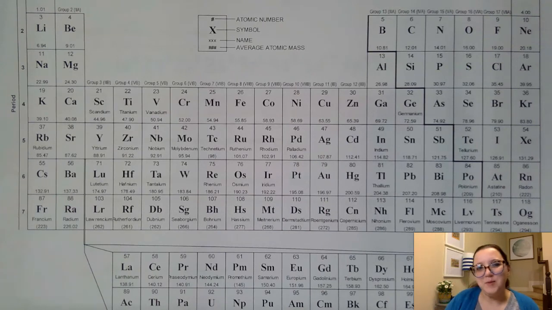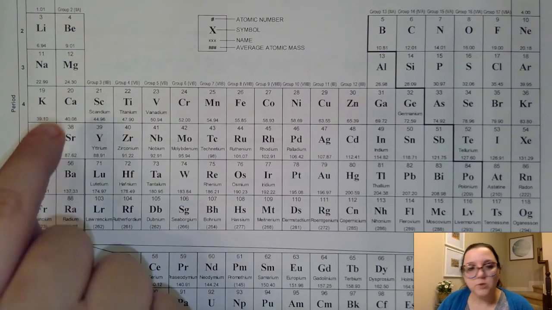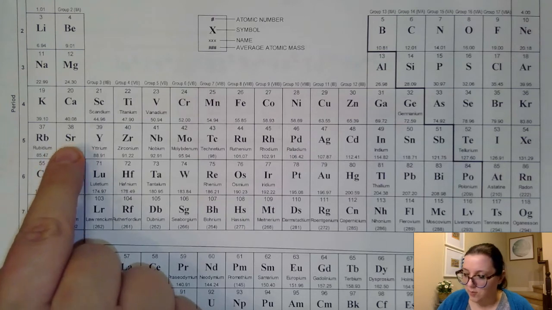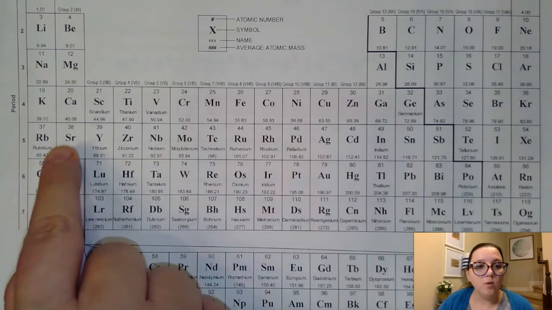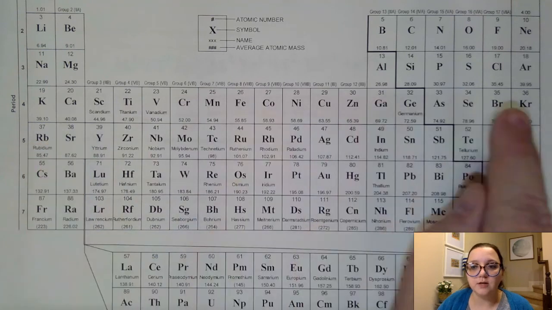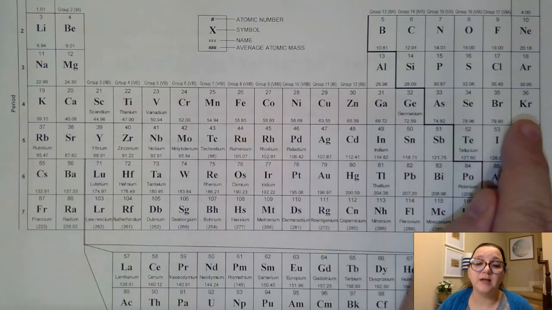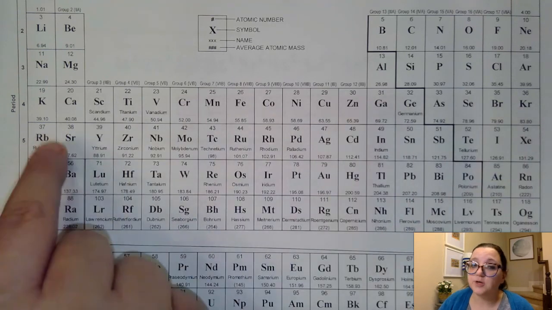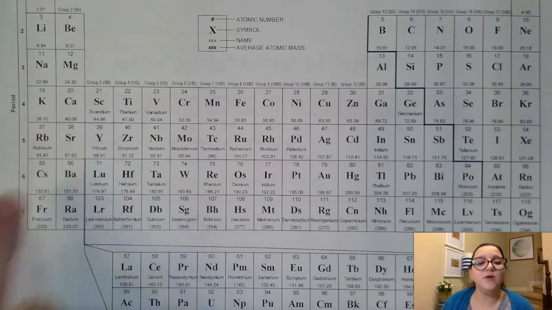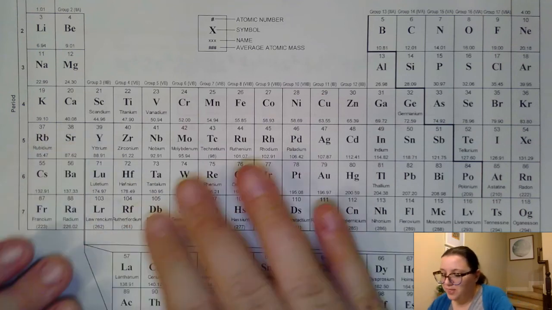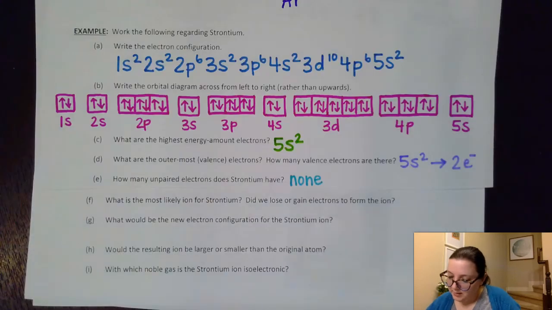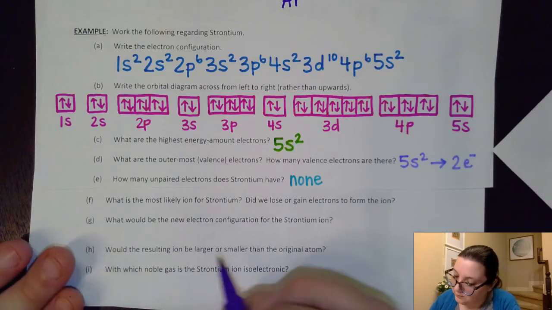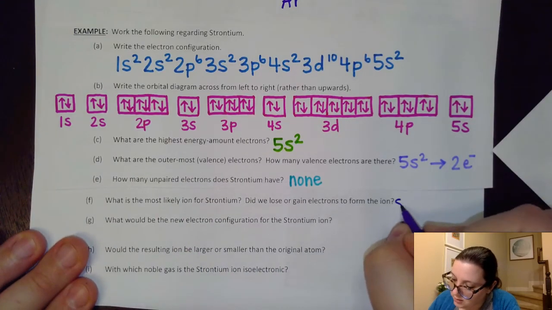And hopefully you remember, we just said a little bit ago, that strontium likes to lose electrons, which makes sense. We could either try and go forward to look like a noble gas, or we can lose those 2 electrons and very quickly go back to a noble gas. It's much more convenient for this to lose than for us trying to gain. So what that means is that here the most likely ion for strontium is going to be strontium +2.